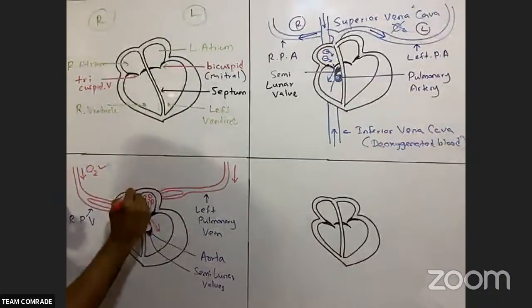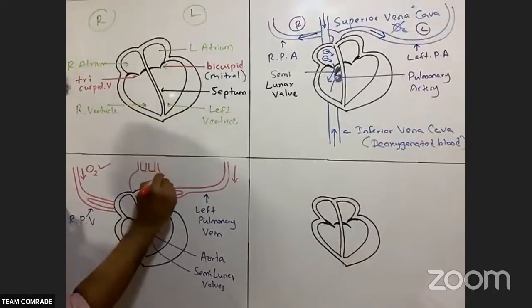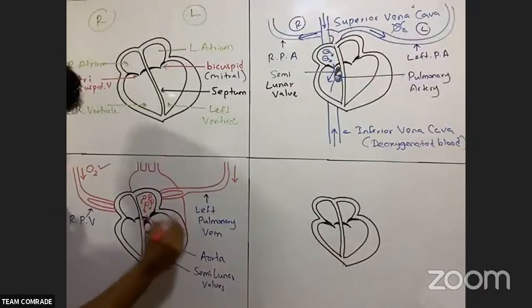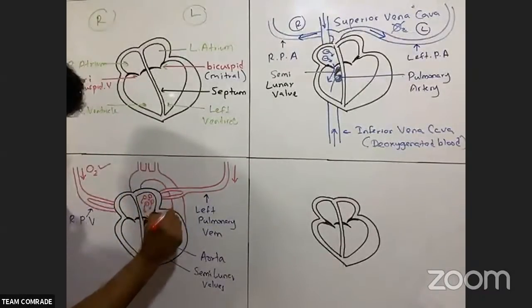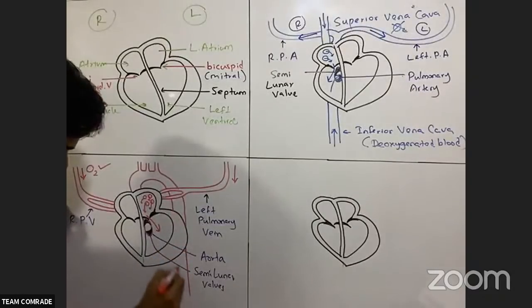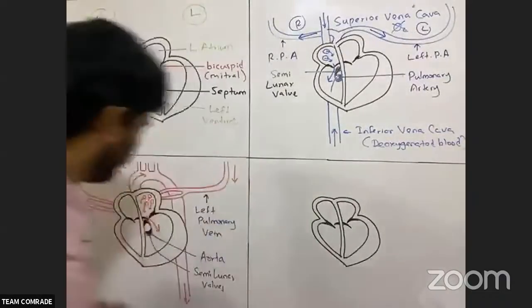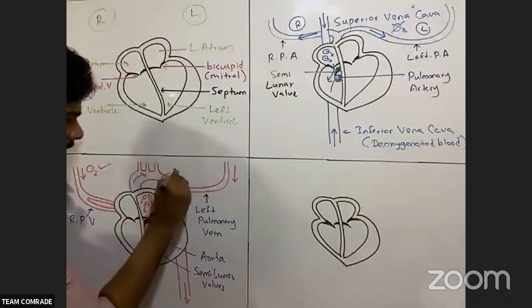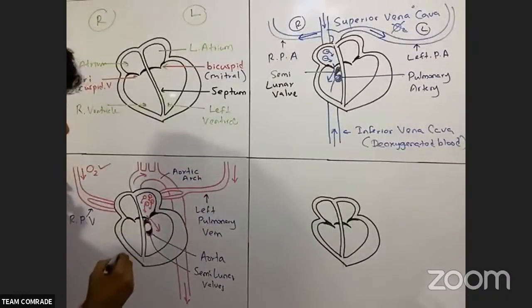Now what happens when the blood is pushing, like squeezing like that? Now from here, it starts to release the blood like this. Blood is going like this, right? So this is what we call the aortic arch, right?